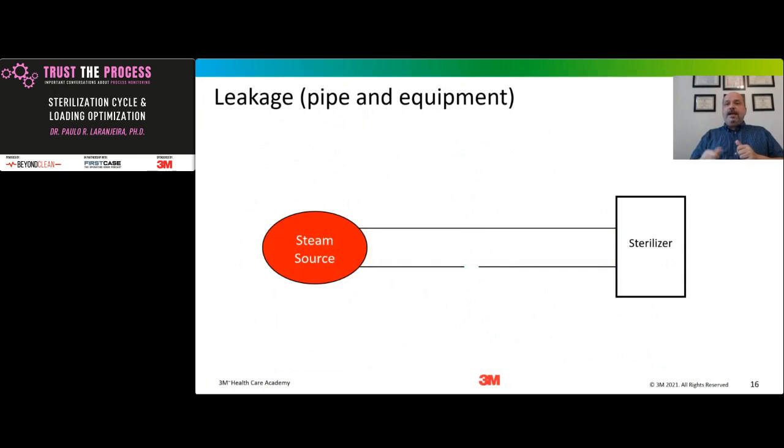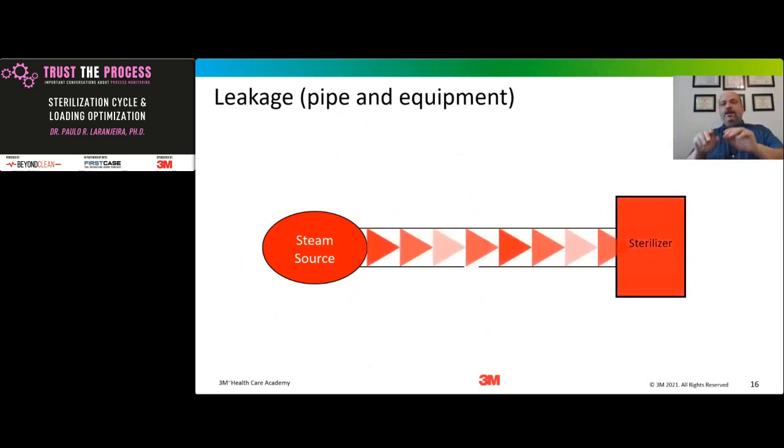When I start the cycle, steam is going to start flowing. It's going to have a velocity, a flow of steam towards the sterilizer. So I have a direct flow of steam towards the sterilizer. It's not just sitting there. By doing that, there's the venturi effect.